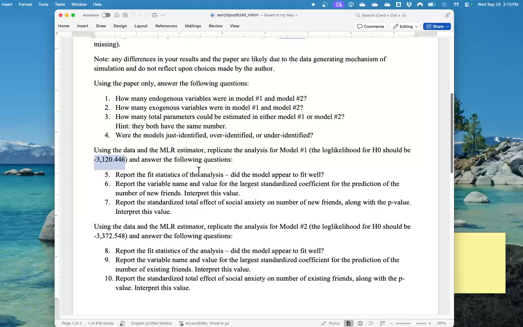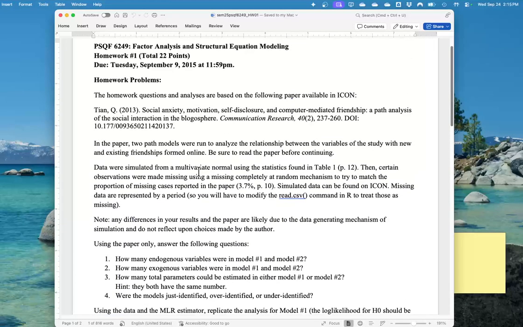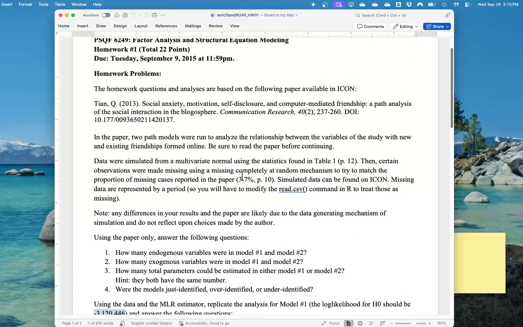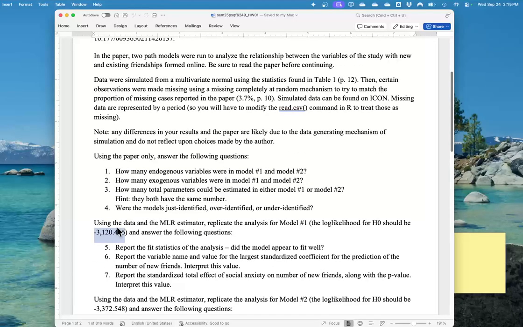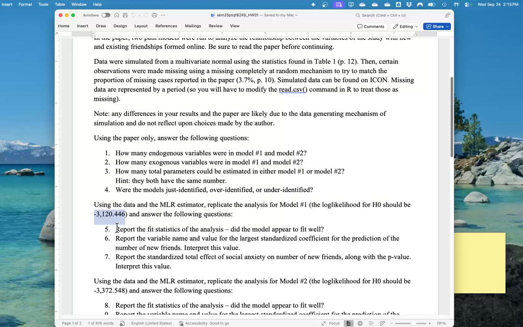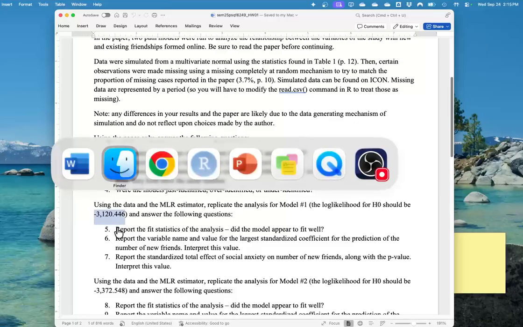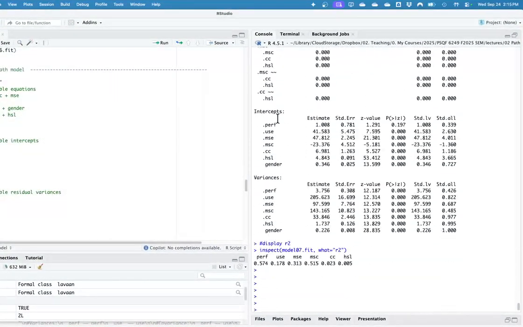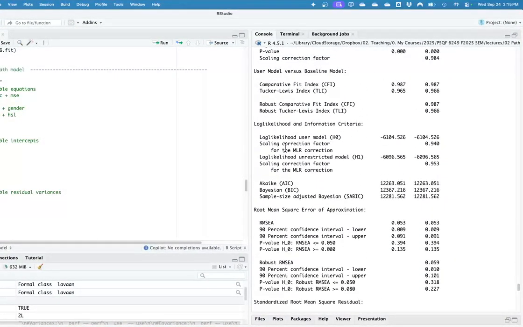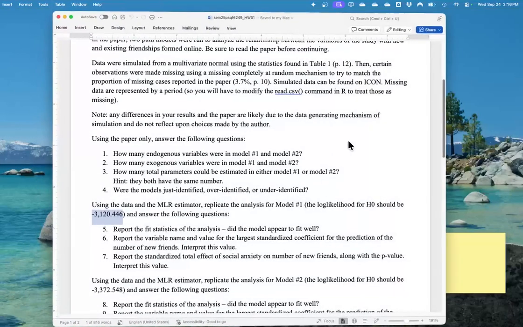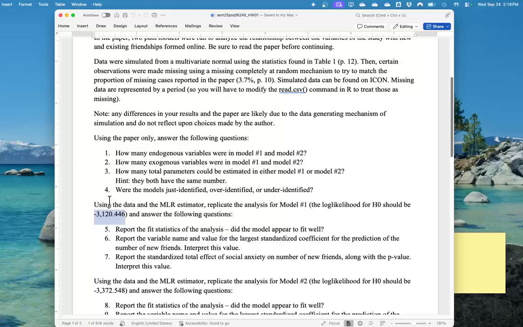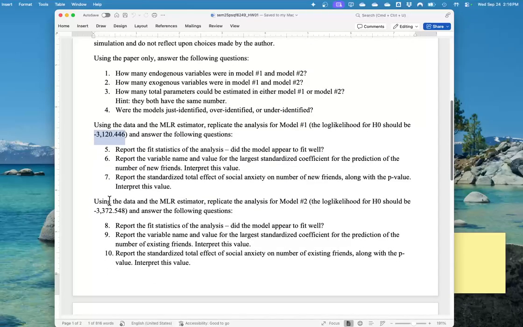I say likely because there may be missing data. When you fit a model and look at your output, you want to make sure the log likelihood for the user model matches the number in the homework. That will be your check.